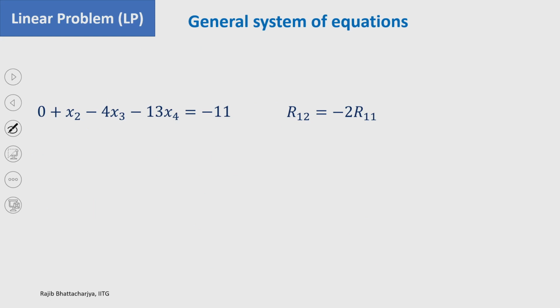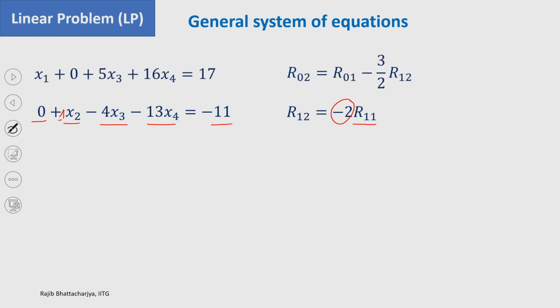I have multiplied that R 1 1 by minus 2. Okay. If you do that, you are getting 0 already, this is now x 2, so the coefficient is 1 here, then minus 4 x 3, then minus 13 x 4 equal to minus 11.